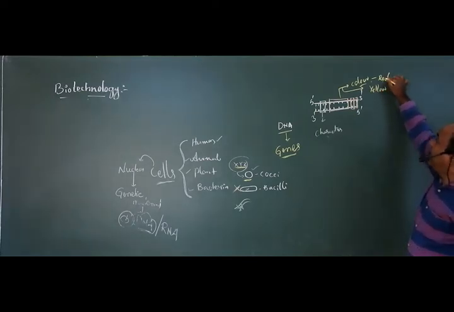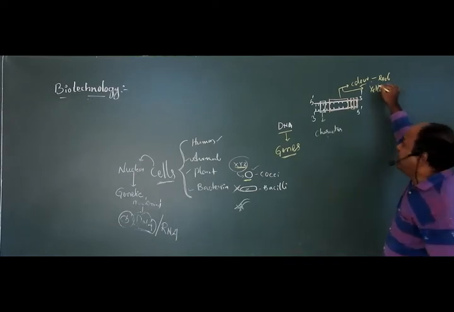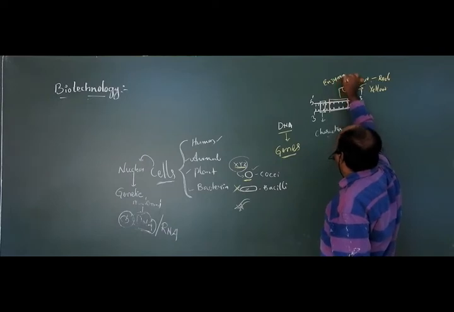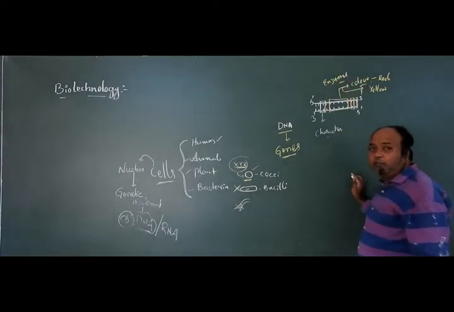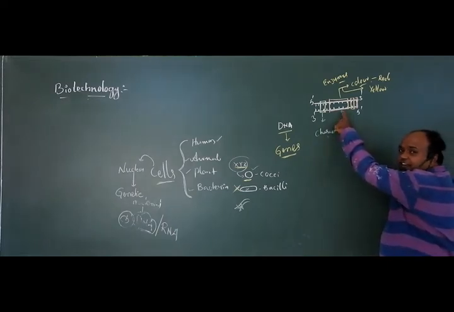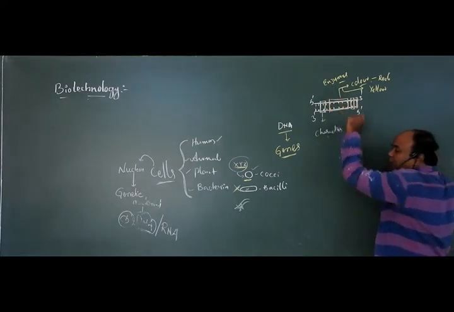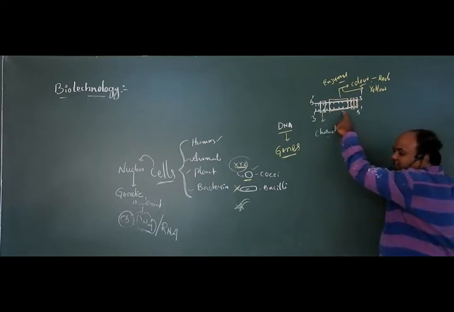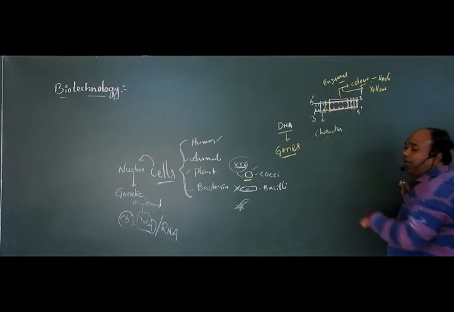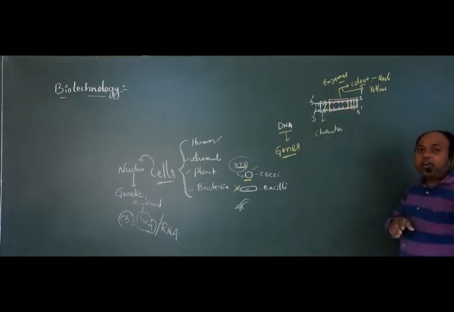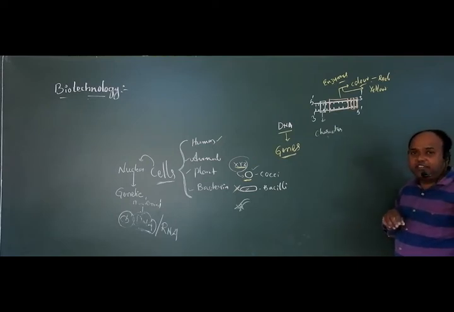And how are these variations coming here? The variations are coming by the presence of enzymes. To express the character for this gene, one enzyme is required. That's why I am saying all genes are dependent on enzymes.